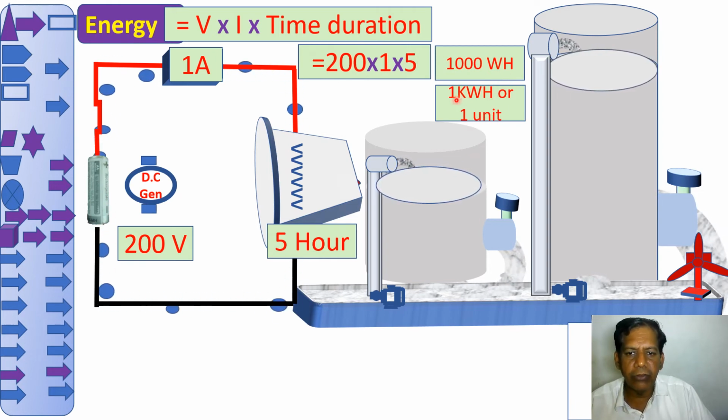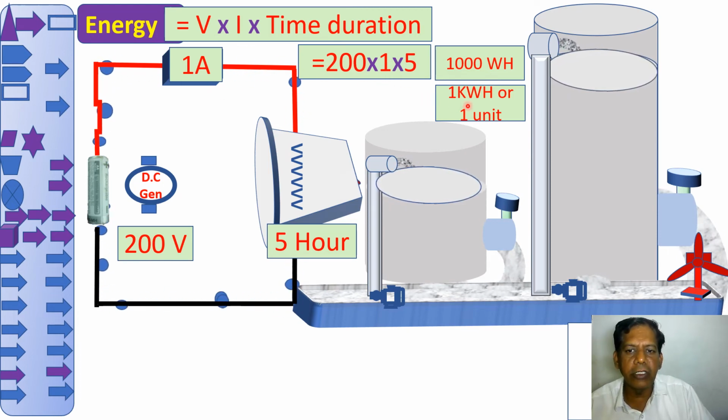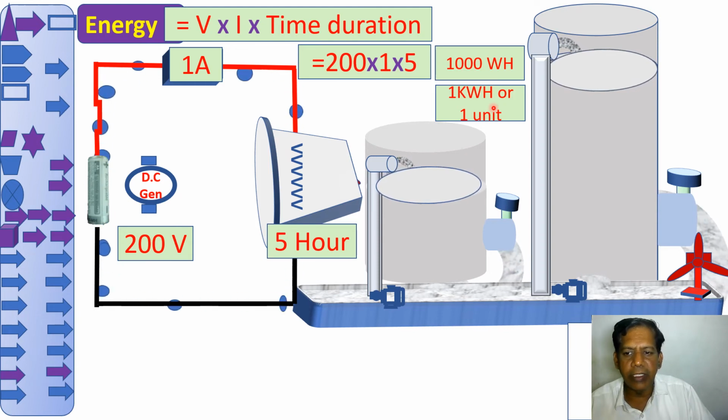We are paying to the government company for this unit only, for kilowatt hour or unit only, not for voltage or current. We are paying the electricity amount only for the energy, that is the unit consumed. Now let us conclude.